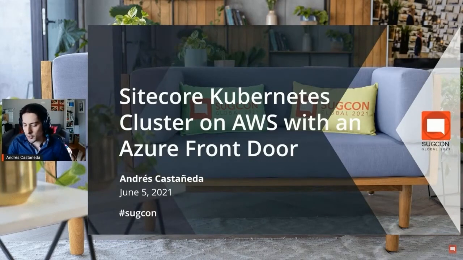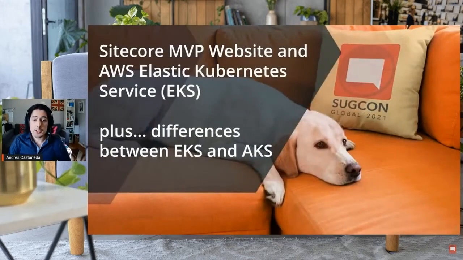So this is to save time and avoid switching between applications. As part of the demo, I'll be showing the Sitecore MVP website deployed into the AWS Elastic Kubernetes Service. I also thought it was important to highlight a few differences between the EKS and the Azure Kubernetes Service offering.